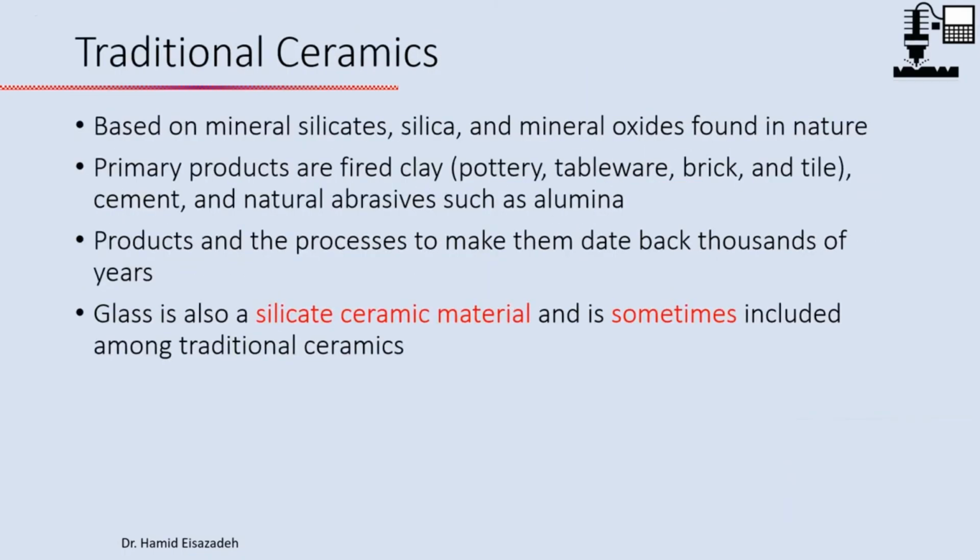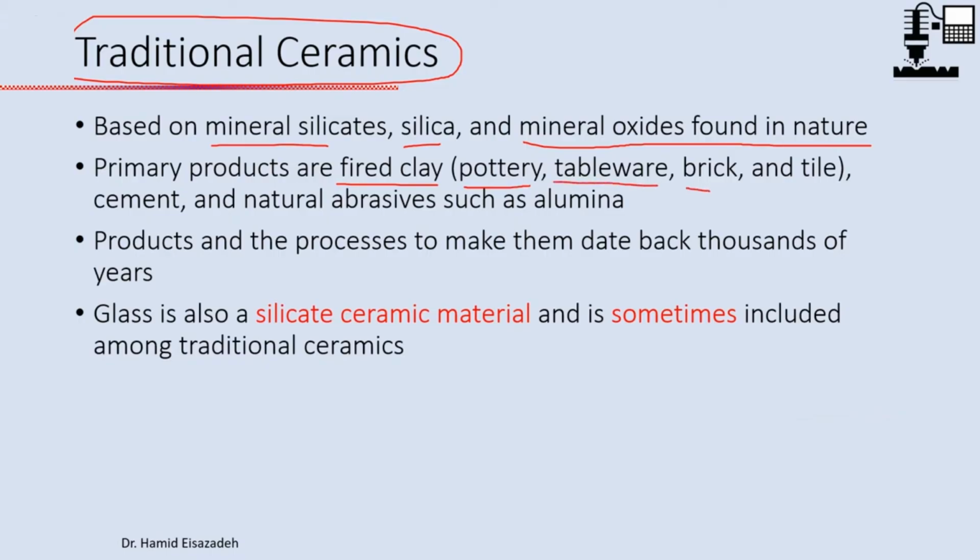The first category, as I mentioned in the previous slide, is traditional ceramic. Traditional ceramics are based on the mineral silicates, silica being one example, as well as other mineral oxides that can be found in nature. The primary products of traditional ceramic are fired clay, for example pottery, as well as tableware, brick, and tile.